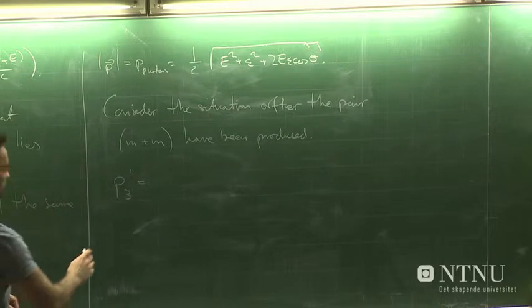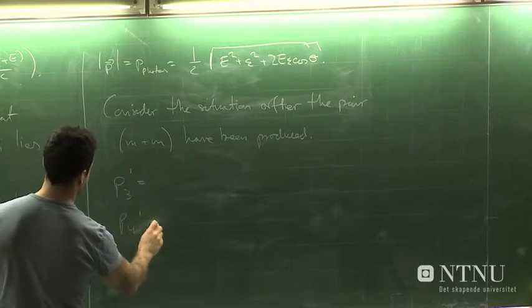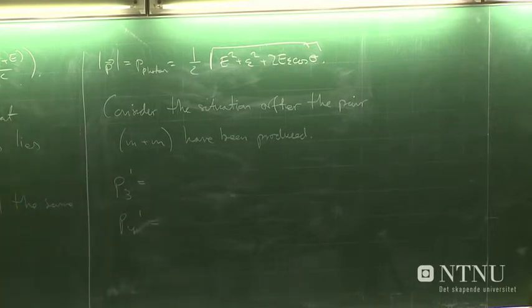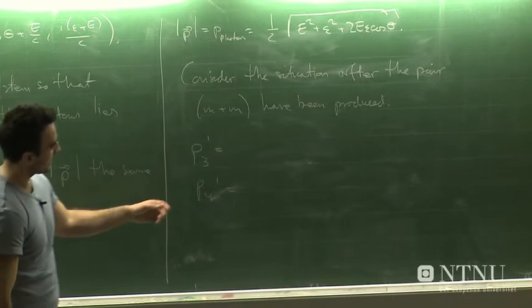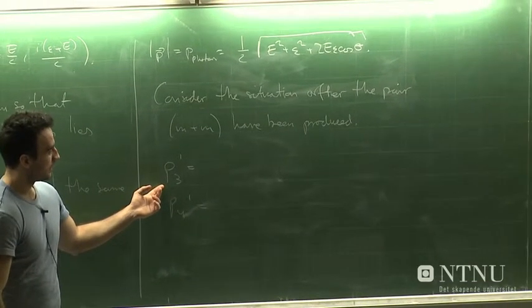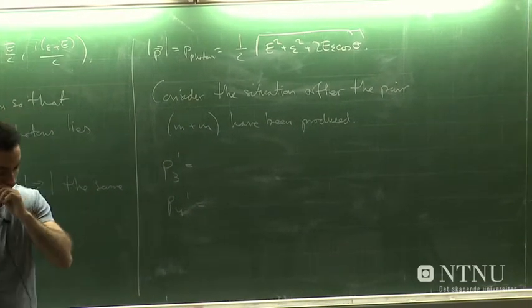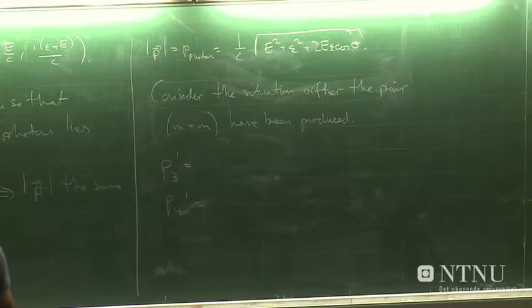So let's write the four momenta of the produced particles as P3 and P4, since we use P1 and P2 for the photons. Well, we have used the invariance of the square of the four momentum.